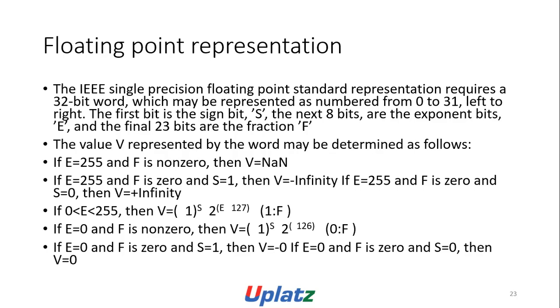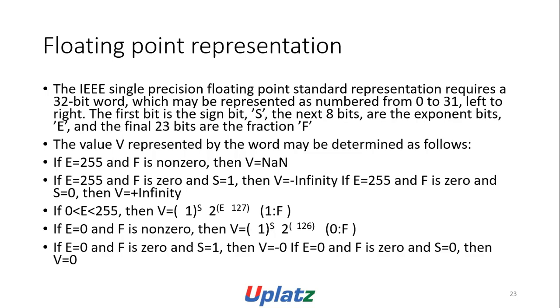If E is equal to 255 and F is non-zero, then V is equal to NaN. If E is equal to 255 and F is 0 and S is equal to 1, then V is equal to minus infinity. Or if E is equal to 255 and F is 0 and S is equal to 0, then V is equal to plus infinity.